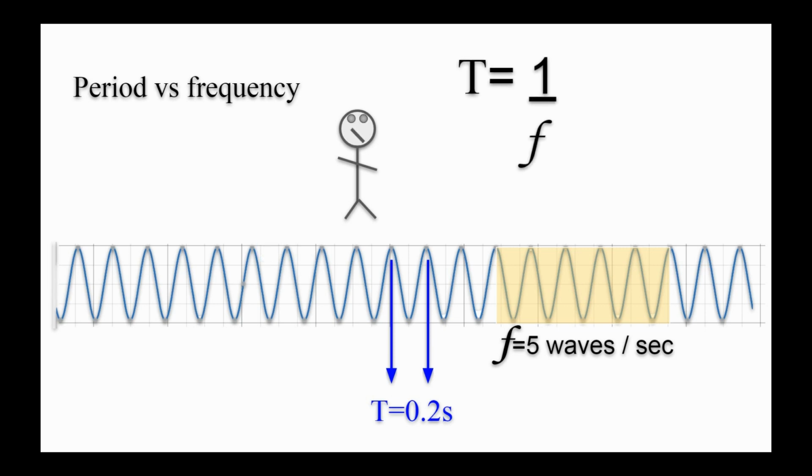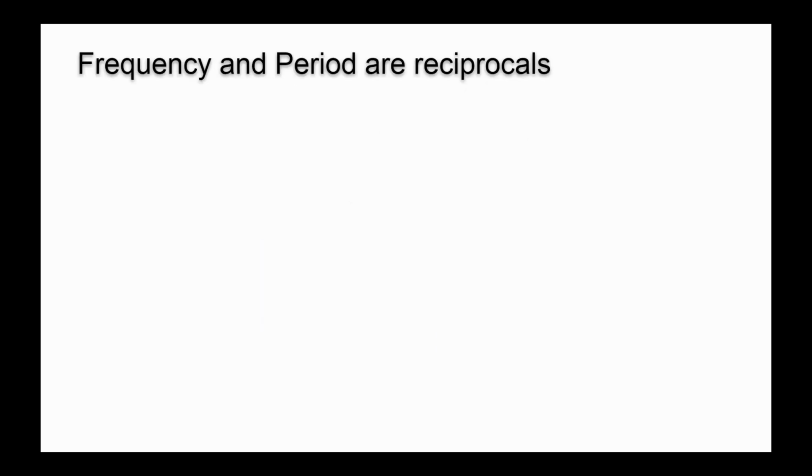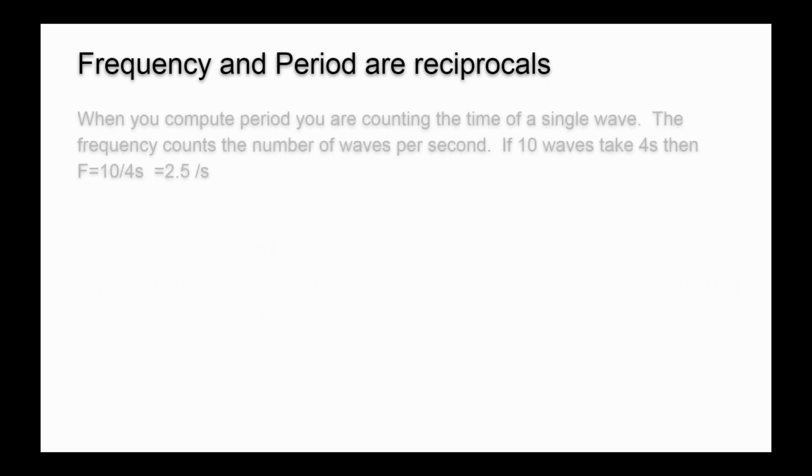This means that period and frequency are reciprocals of each other. Please do not write F is equal to 1 over T as well. The relationship is implied. It's not 2 formulas, it's just one, and it's not even really one. It's just the idea: frequency and period are reciprocals.